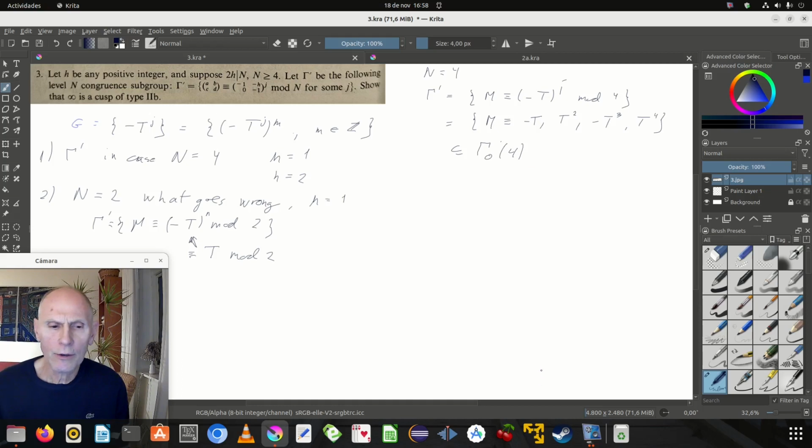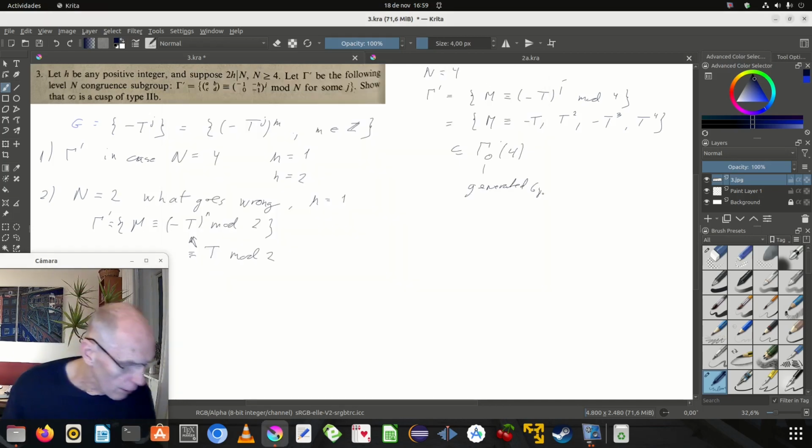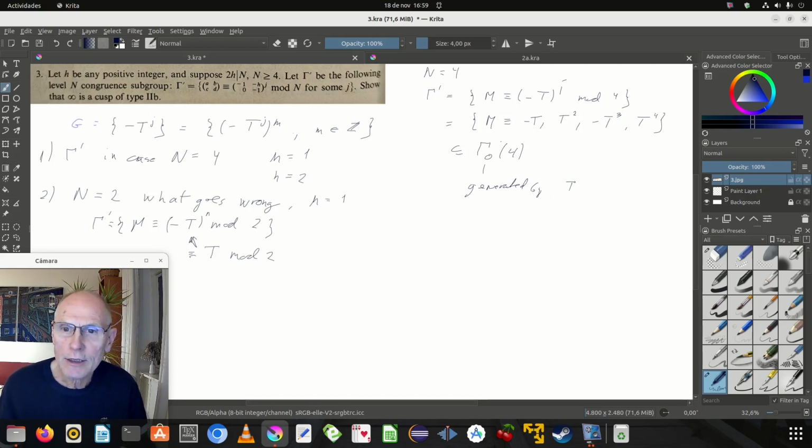I'll just fetch the book. This is problem 13D of the first section in chapter 3, and they're generated by T, of course, which doesn't lie in this guy, and I don't know about the signs.